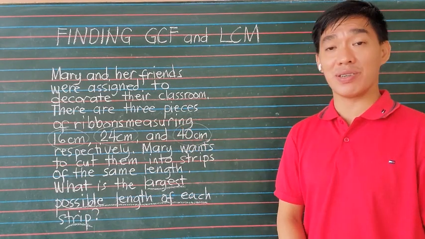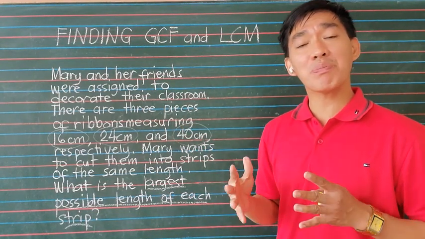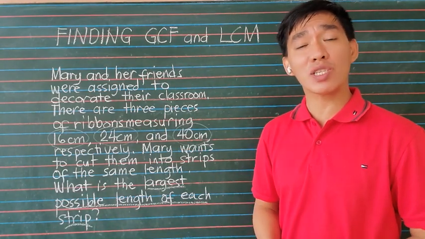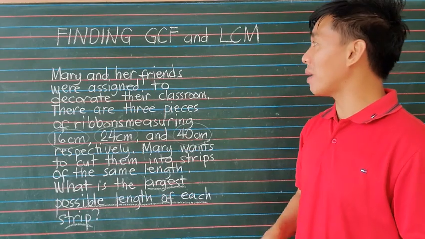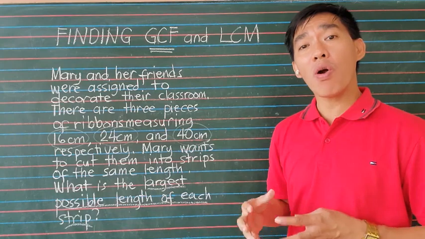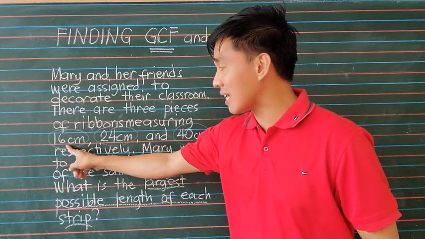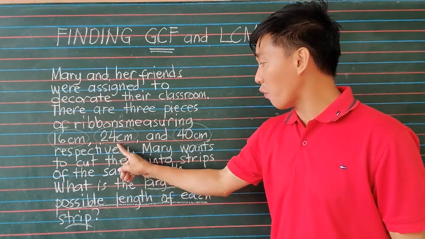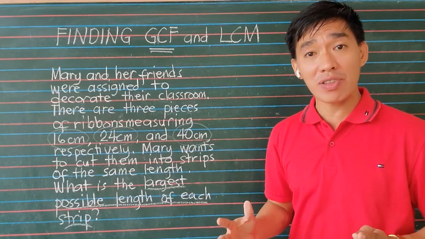40 centimeters. Of course, let us plan this time what's the best solution for this problem. Obviously, this problem is about GCF. Why GCF? We are only asked to what number we could divide 16, 24, and 40 evenly without remainder.